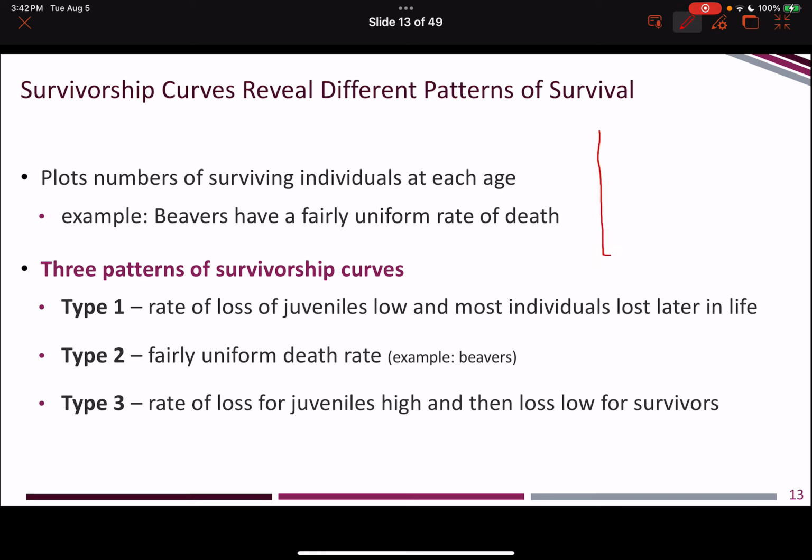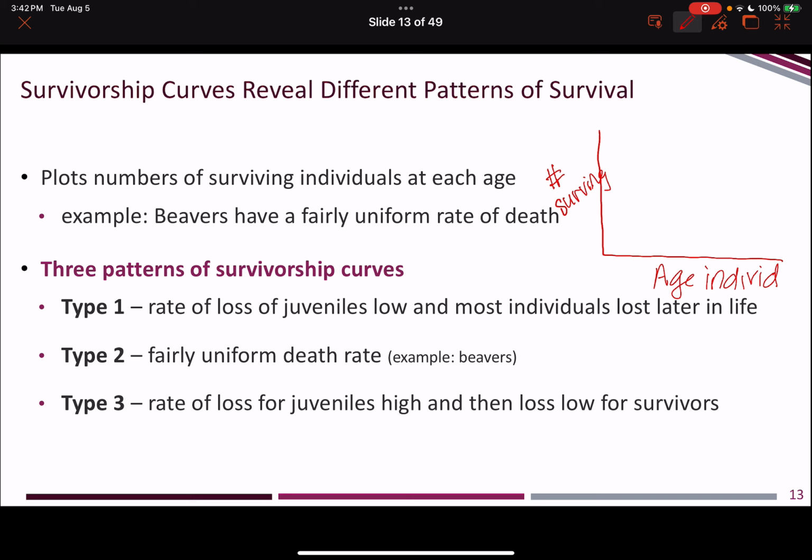So for our survivorship curve, we are going to have the age of the individual along the bottom, and then we are going to have the number that are surviving, or the population size, on the left-hand side. So there are 3 different pattern types that we see.